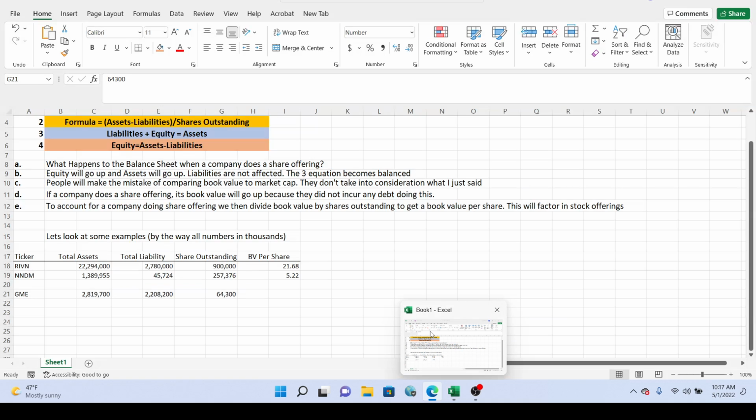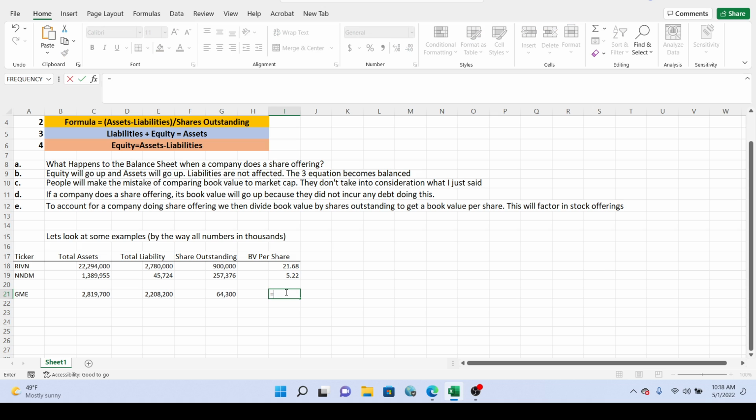So then when we actually do this calculation, which I'm going to show you right here, we are doing assets minus liabilities divided by shares outstanding. And we see that when GameStop was trading at that price, the $2.57, its book value per share was actually $9.51. So, gosh, let's just divide this and see how many times.